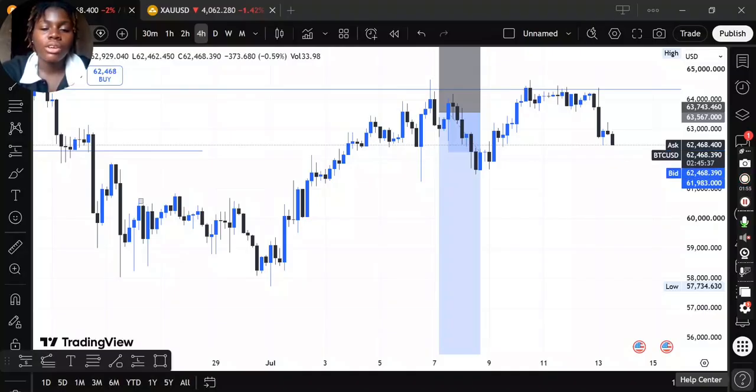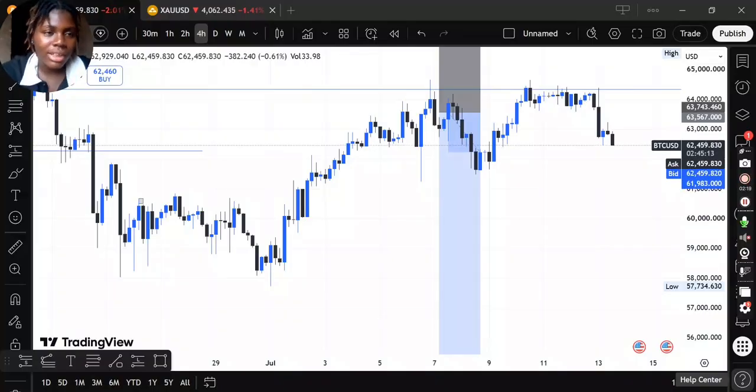So, reading control. Instead of asking is the market bullish, ask who is in control. If buyers continue creating higher highs and defending higher lows, buyers remain in control. If sellers continue creating lower lows and lower highs, sellers remain in control.